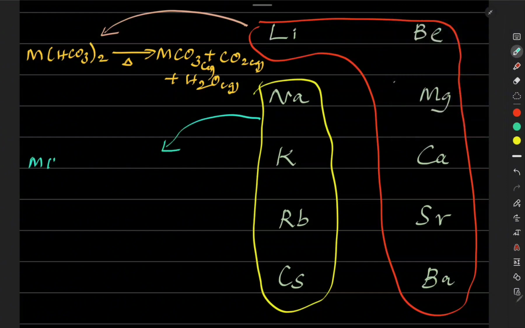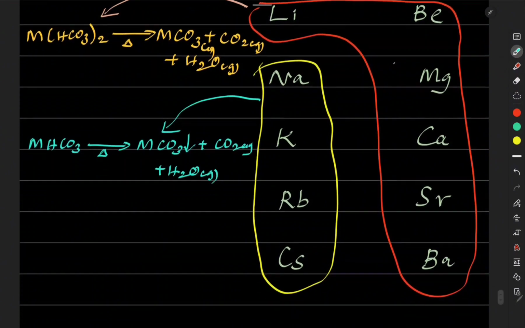Both are the same, but the metal carbonate produced is solid here. They form a white precipitate.